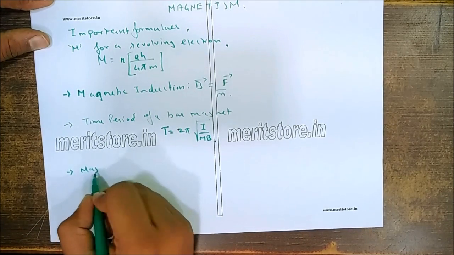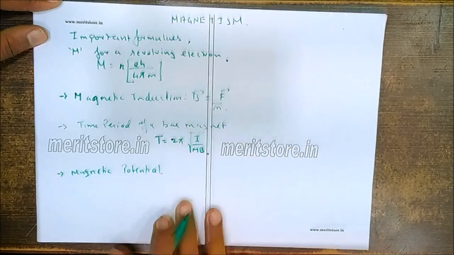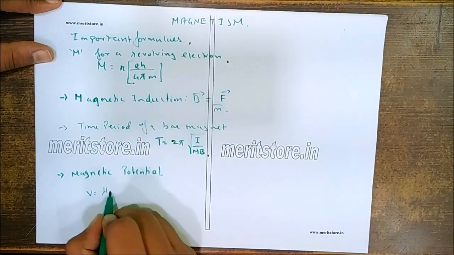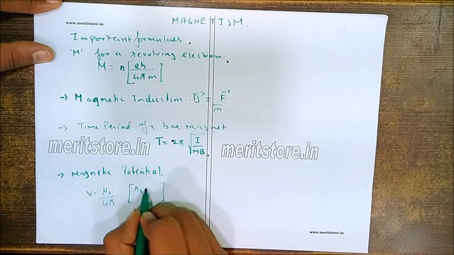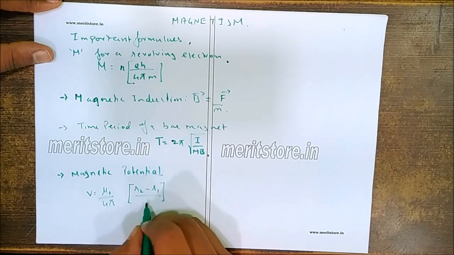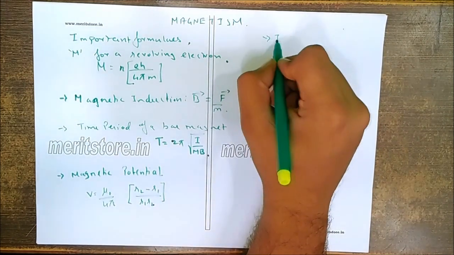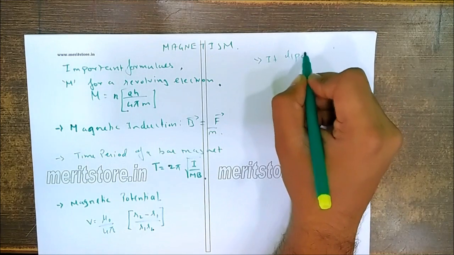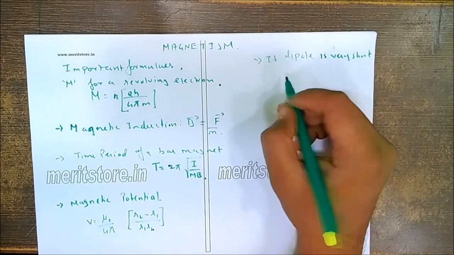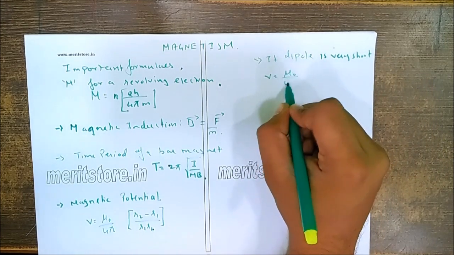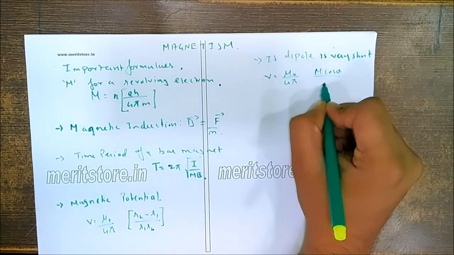Then magnetic potential. Now this is given as V is equal to mu naught upon 4 pi, R2 minus R1 upon R1 R2. If the dipole is very short, that is a short magnetic dipole, we can say V is given as mu naught upon 4 pi M cos theta upon R square.